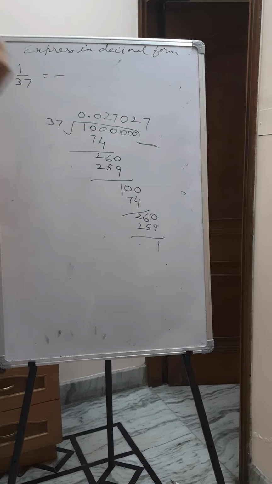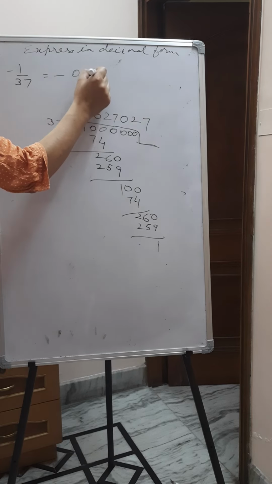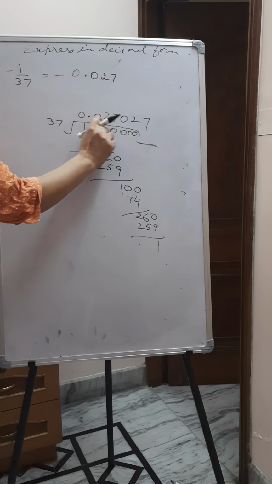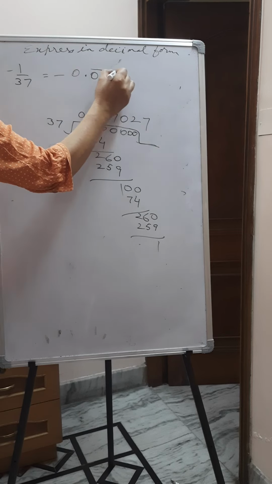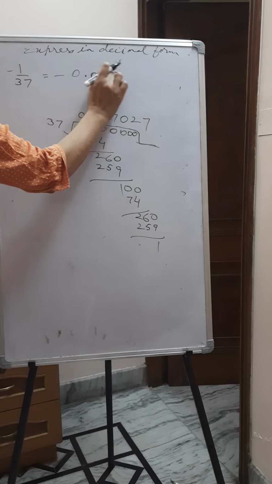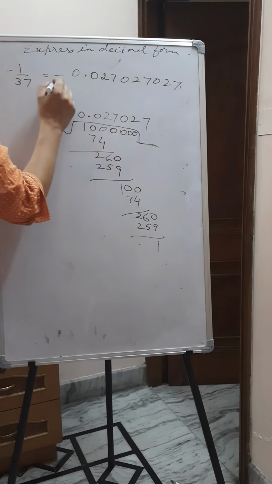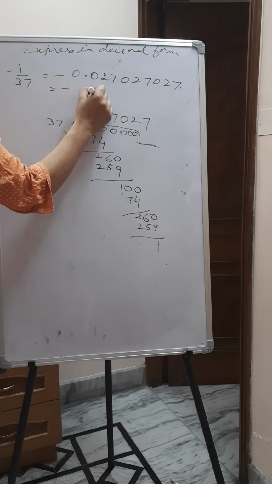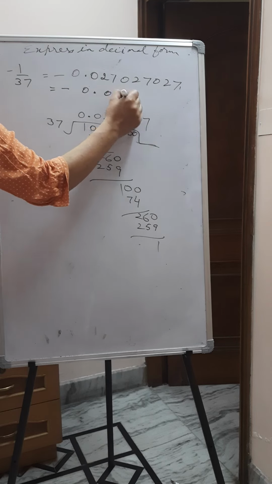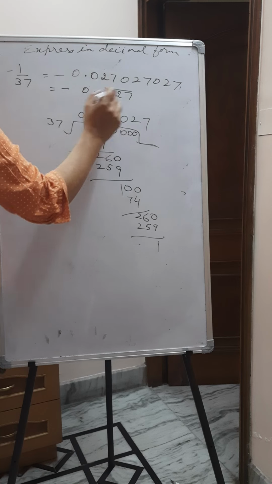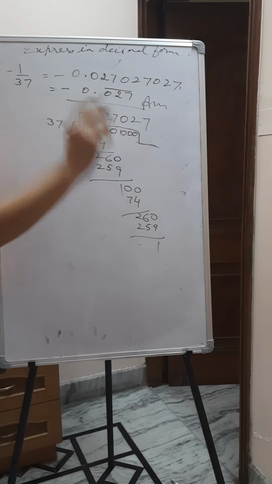So this repetition will go on and you will get minus 0.027. 027 is repeating again and again, so I will put the bar here. The answer will become 027, 027, 027, so I write 0.027 and put the bar over the digits which are repeating again and again.